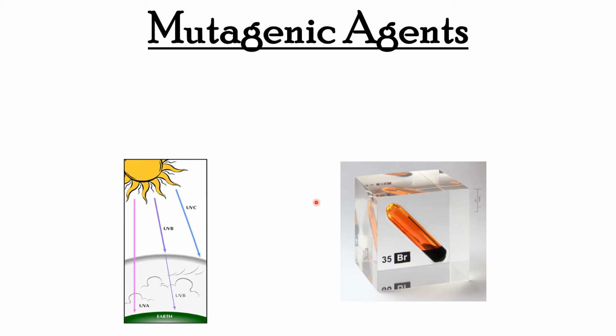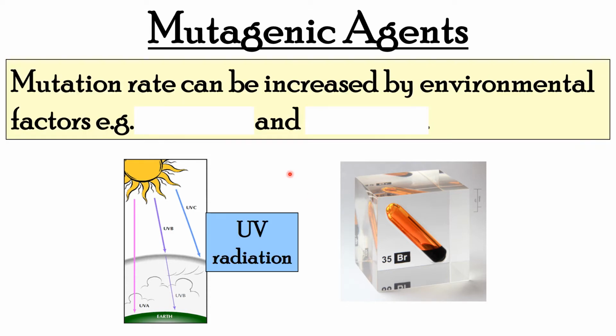You might know this already. So different things which can cause mutations. So it can be environmental factors. So UV radiation, and you'll know this in terms of the reason why we put sun cream on to try and avoid skin cancer.